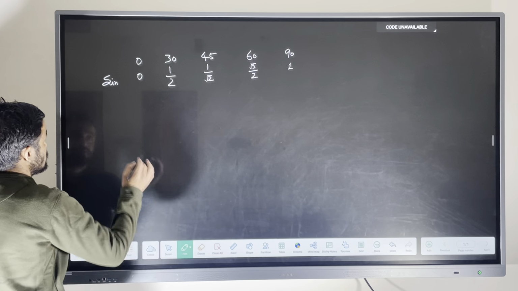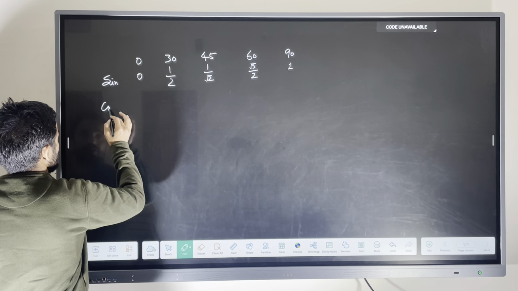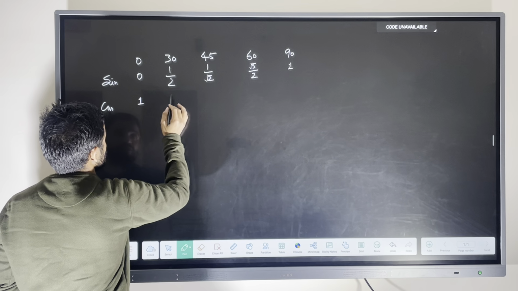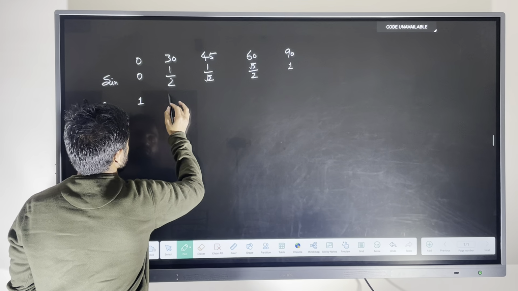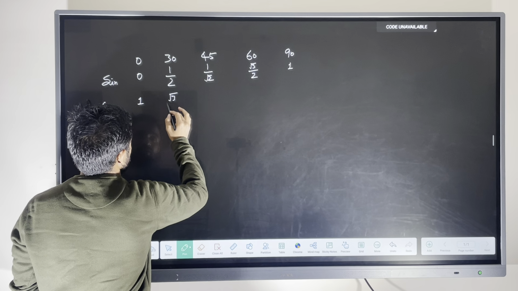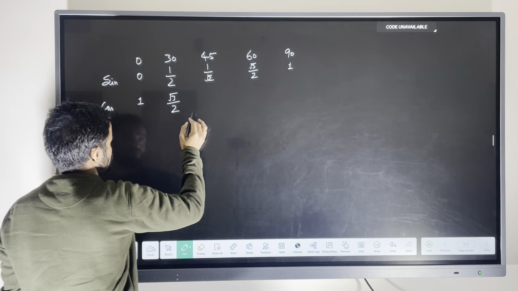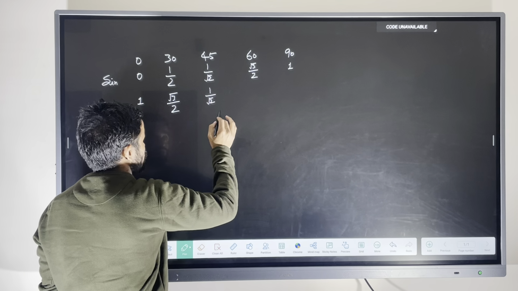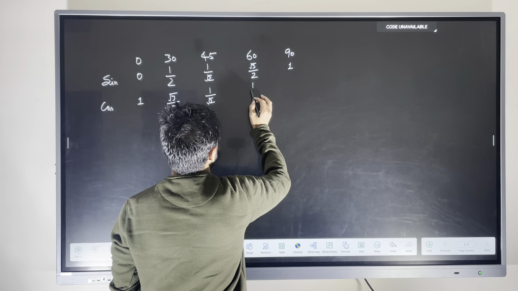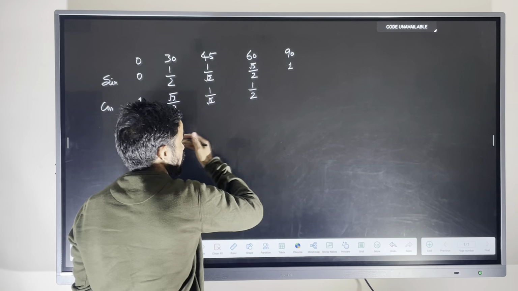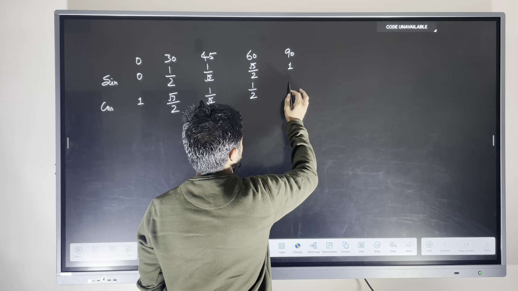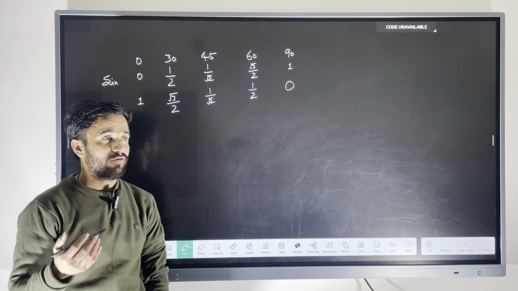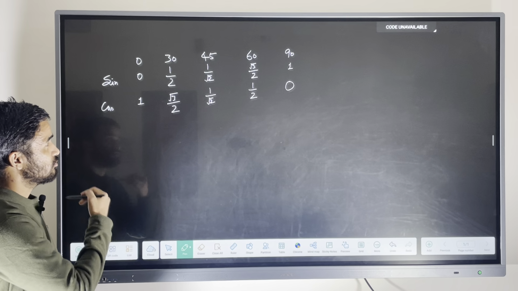Similarly, we got the values of cos 0 is 1, cos 30 is root 3 by 2, cos 45 is 1 by root 2, cos 60 is 1 upon 2, and cos 90 is 0.